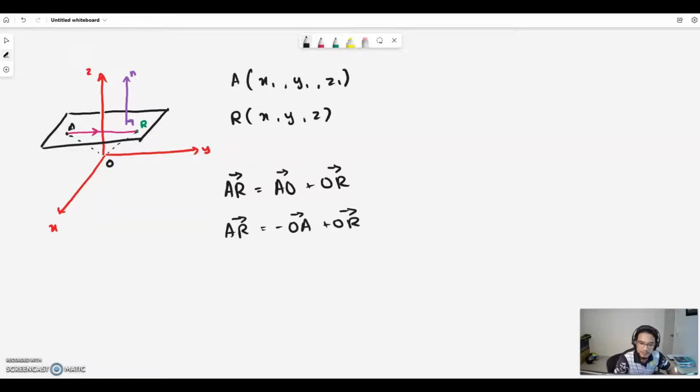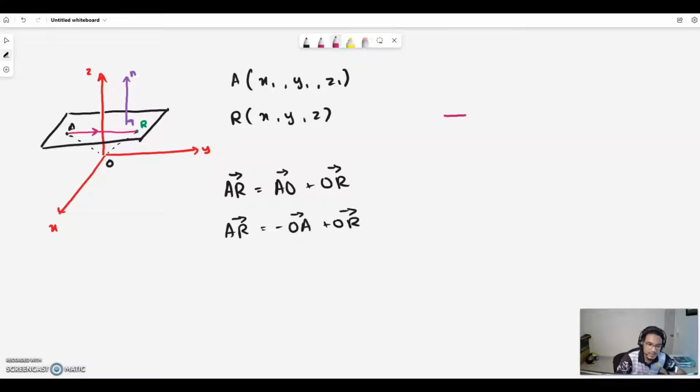Since the vector n is perpendicular to the surface of the plane, and points A and R are on the surface of the plane, the vector AR will also be on the surface of the plane.